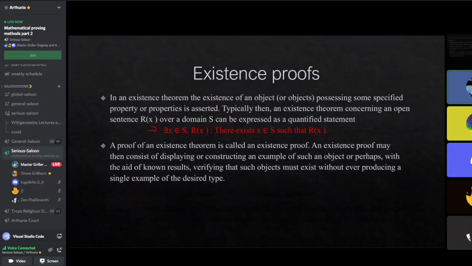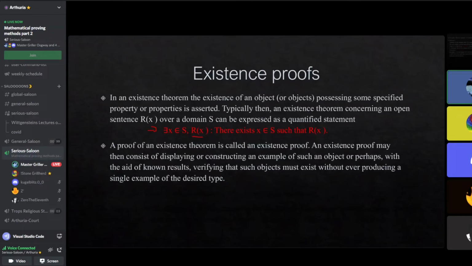If we want to show that something exists, the simple presentation which ascertains this fact is that we show at least one thing in the domain S such that R(x), the statement, the implication, whatever, obtains. Very simple. You do not have to show this by counterexample or by example or something.